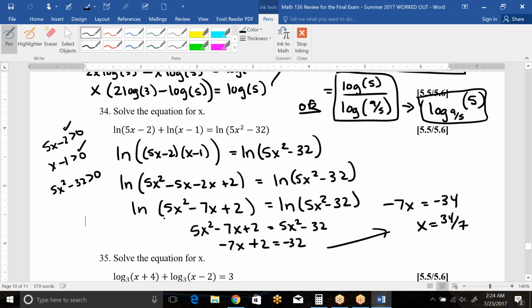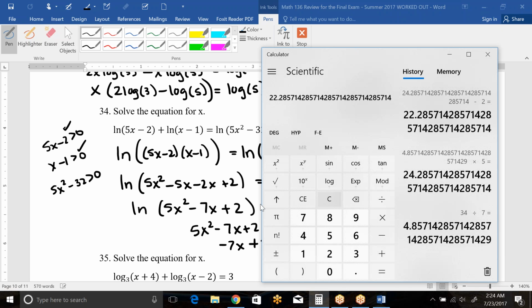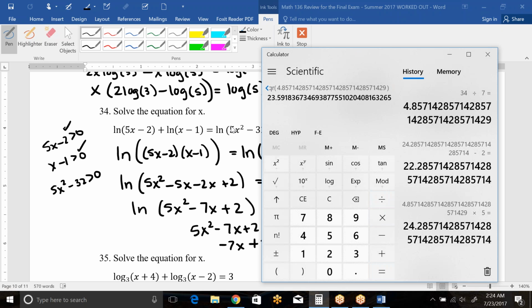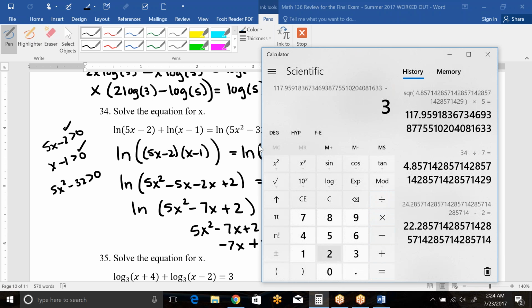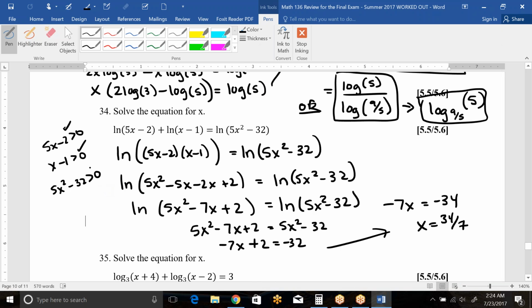If we subtract 1, that's going to still be greater than 0. 34 divided by 7, and then squared, because we're doing this one, times it by 5, and then minus 32. That is also greater than 0. So since all three of them have arguments that stay greater than 0 with this solution, it is correct.